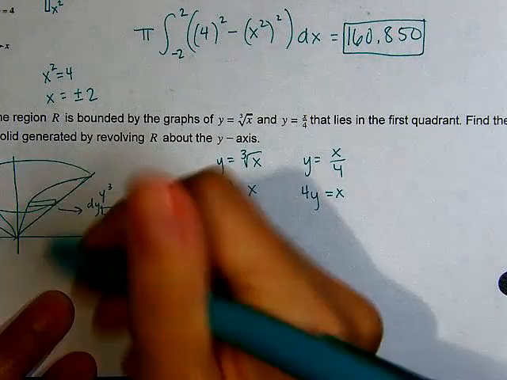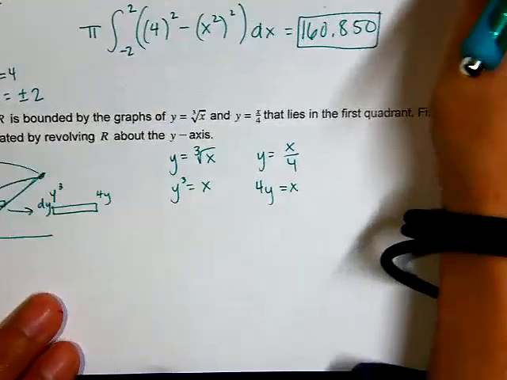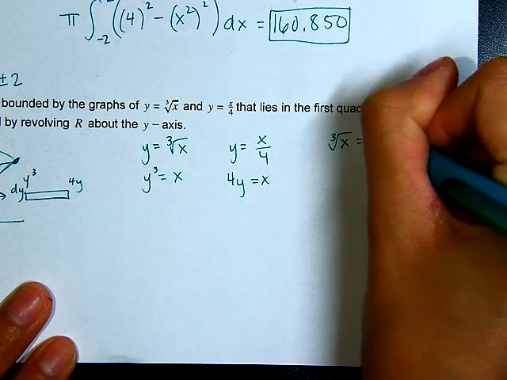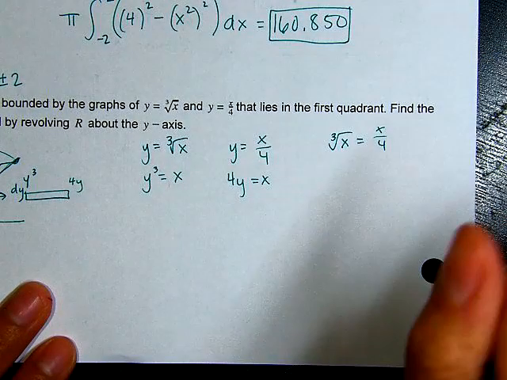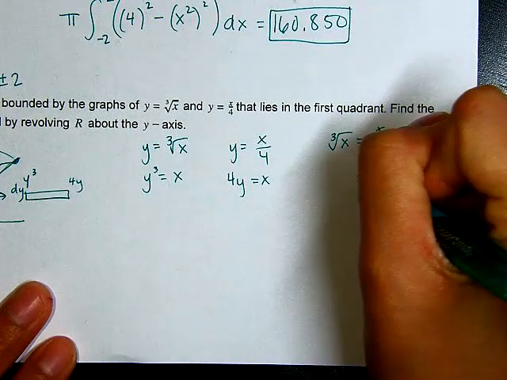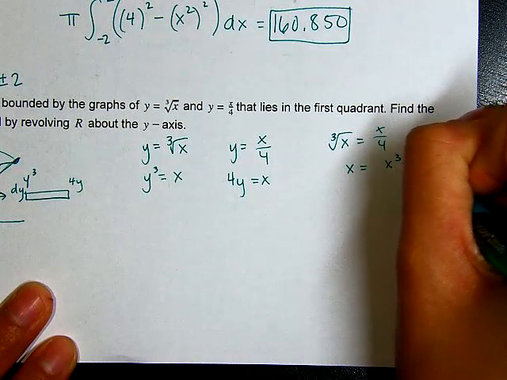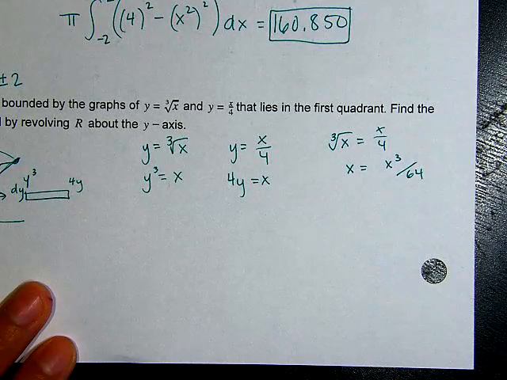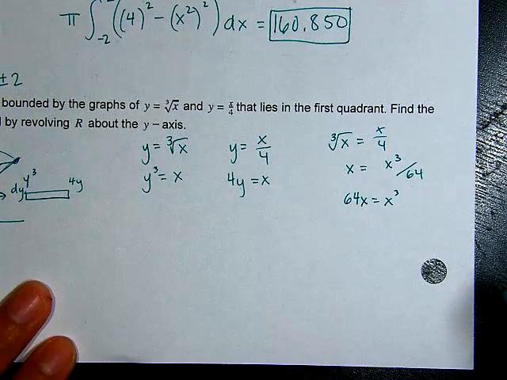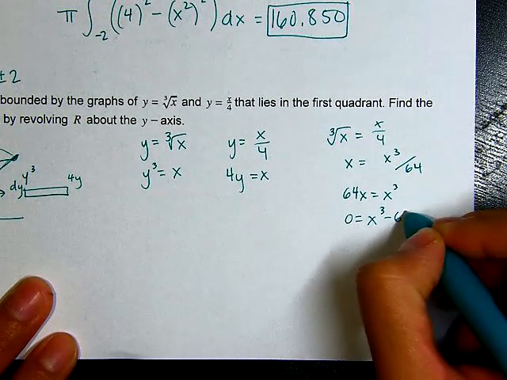I do need to find where they intersect. You notice this problem does not say calculator active, so this does require some algebra knowledge in order to find where they intersect, or if you just want to take a guess, you might be able to guess what values will work. First off, if you cube both sides, you would get x cubed over 64. We rarely try to solve cubics, but we can do something similar to parabolas, where you try to solve for 0.